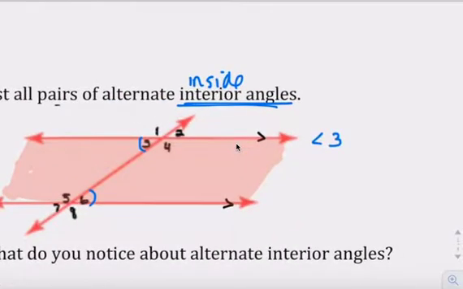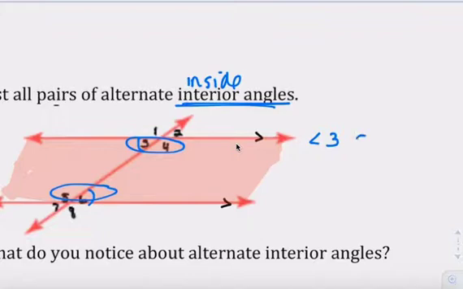So comparing this and this, those are the interior angles. Angle 3, its alternate interior is angle 6. And angle 4, its alternate interior is angle 5.